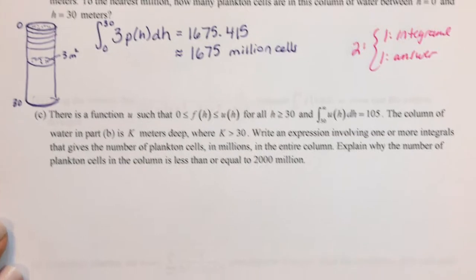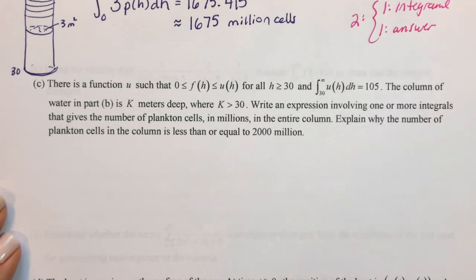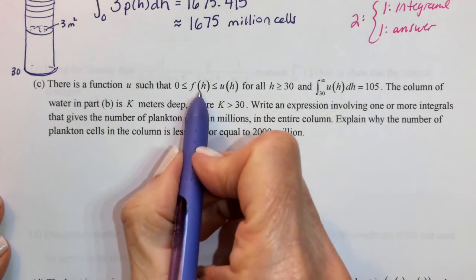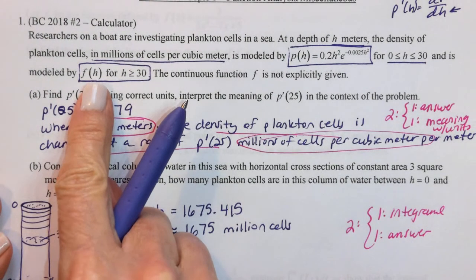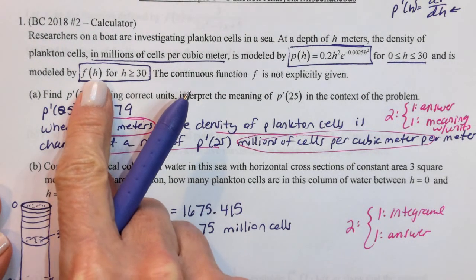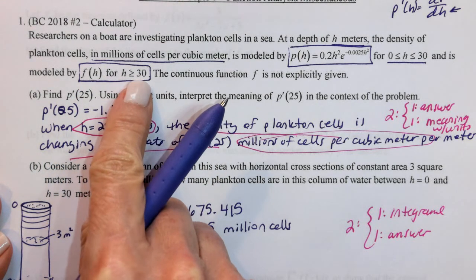Part C. There is a function u such that f, okay, what was f? F was the other way that we could write the density of the plankton cells for h deeper than 30 meters.